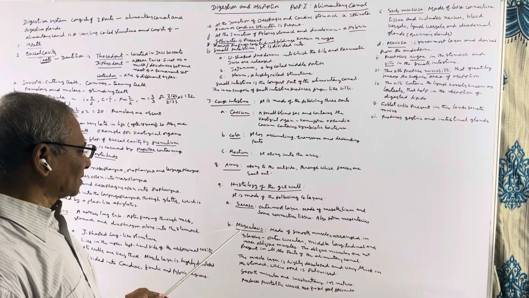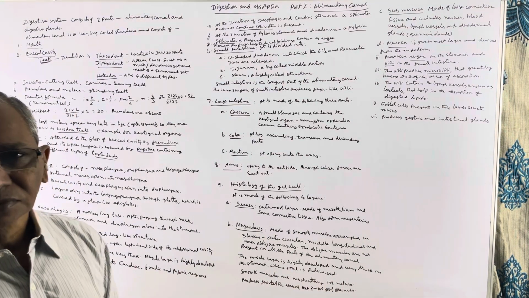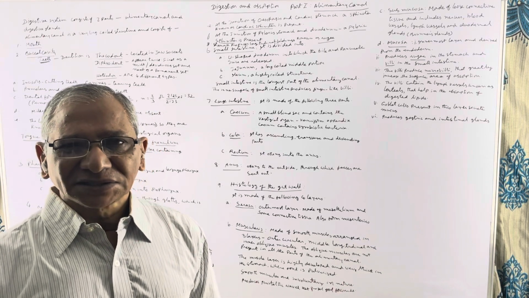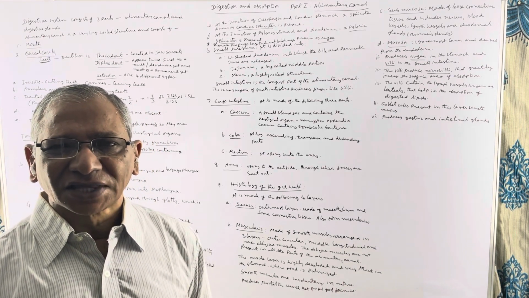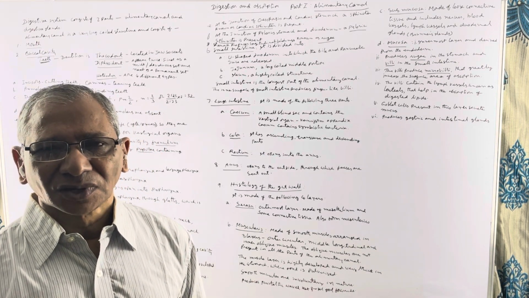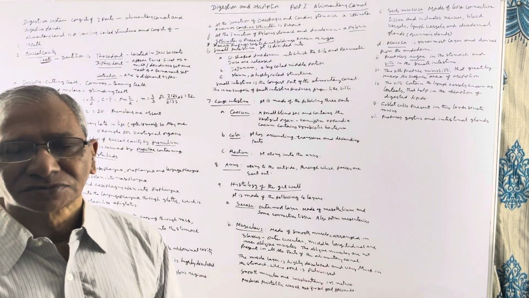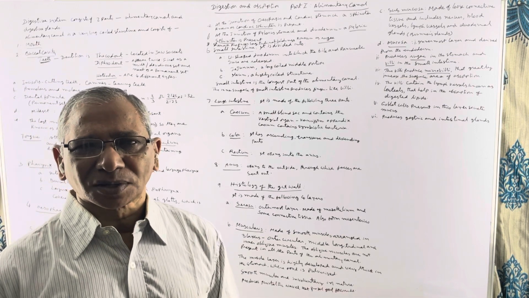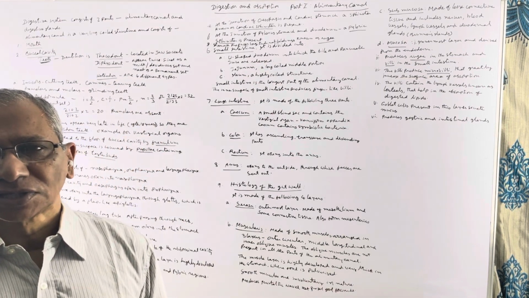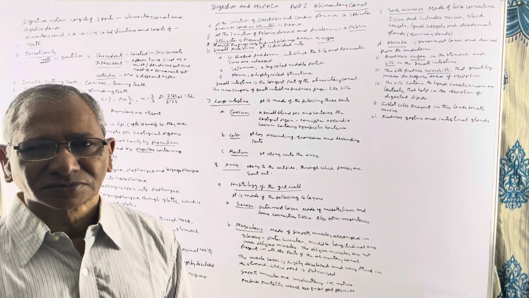Below the serosa lies the muscularis. The muscularis is made of three layers: outermost longitudinal muscles, middle circular muscles, and innermost oblique muscles.